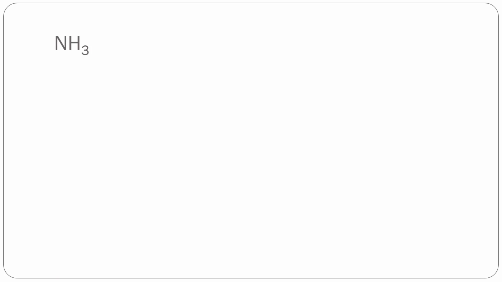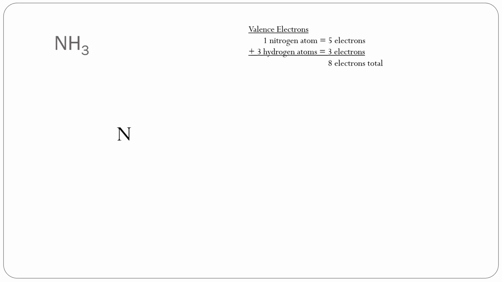Let's do ammonia next, NH3. We'll count the total valence electrons first. 1 nitrogen atom and 3 hydrogen atoms give us 8 valence electrons. Hydrogen can never be in the center, so in this case, nitrogen will go in the center.